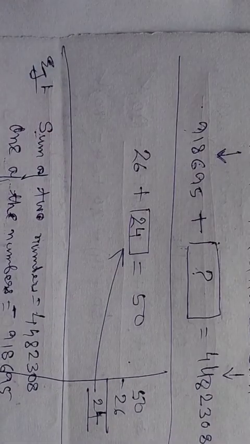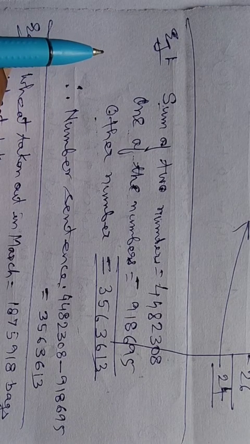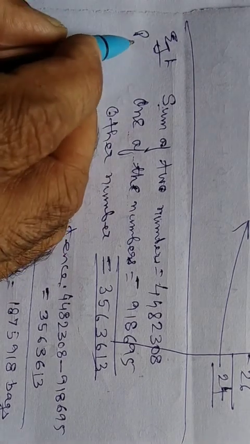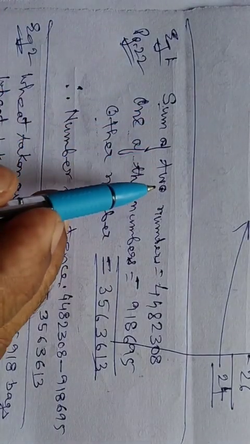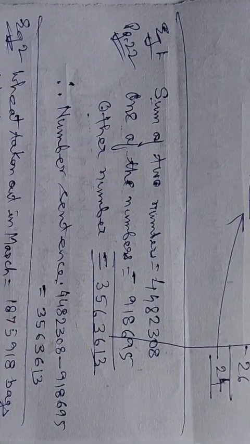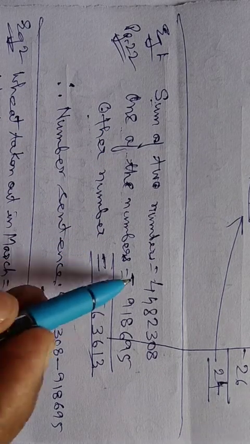Okay, example 1. If you see example 1, page number 22. Okay, children, the sum of two numbers is given in the question, children, and one of the numbers also is given in the question, and you are asked to find the other number, children. So what will you do? Simple, subtract.